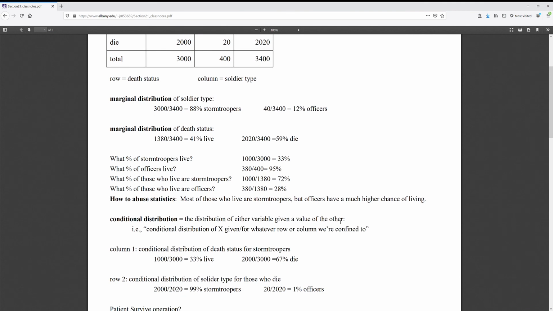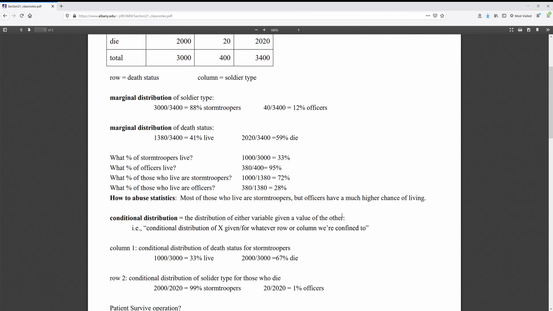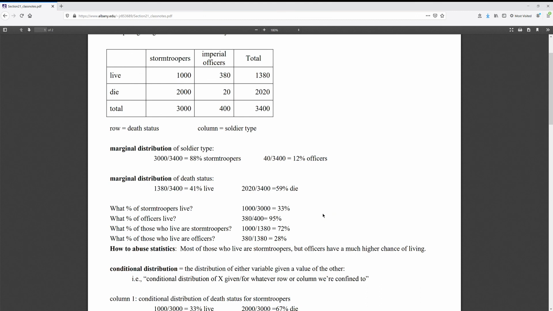Conditional distributions are a little trickier, but basically with conditional distributions, what we're talking about are particular rows or columns. So to recap, the marginal distribution is literally what's going on in these margins. Marginal distribution of death status, marginal distribution of soldier type. Well, you can divide by the totals to get some percents.